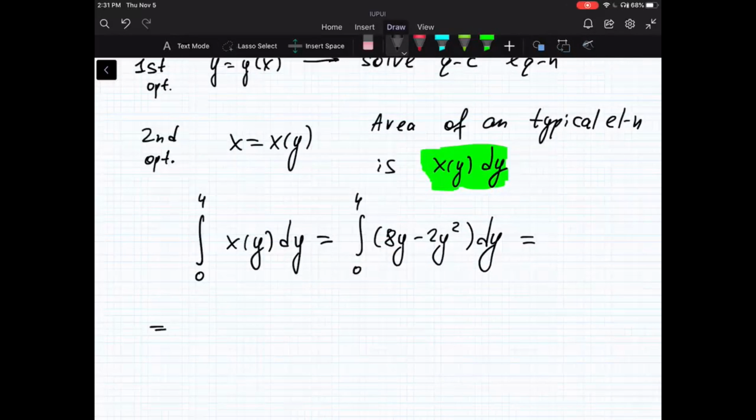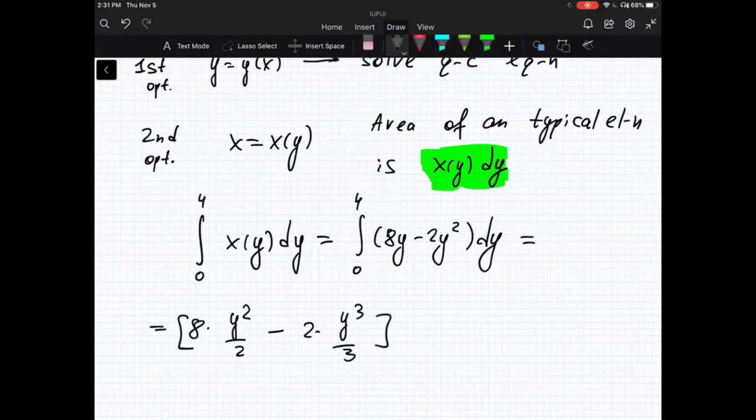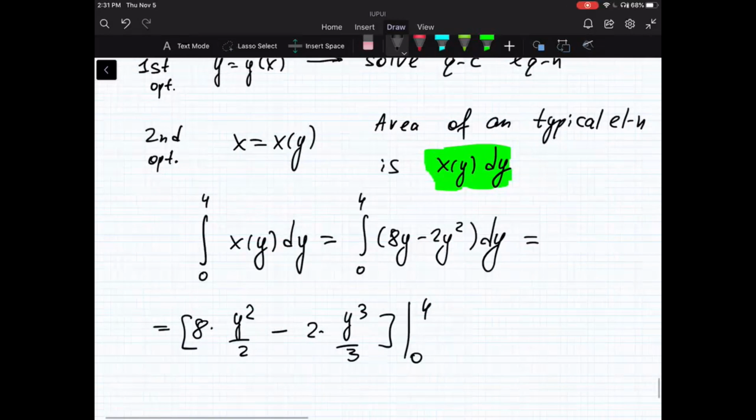And so I get, first gives me 8 times y squared over 2. Second gives me 2 times y cubed over 3. And I need to substitute from 0 to 4. So it's 0, and you can check that if you plug y equals 4, then you obtain 64 over 3.